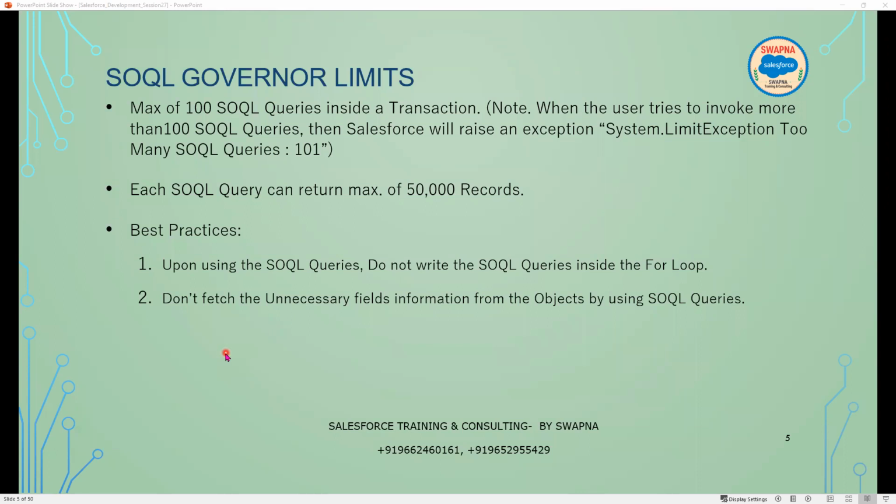Now, these are the best practices. But in case I need more than 50,000 records, each SOQL query can return a maximum of 50,000 records, that we know. But if I want more than 50,000 records, there is a way to do it. We have asynchronous or different ways to pull more than 50,000 records, but there is also a limitation.